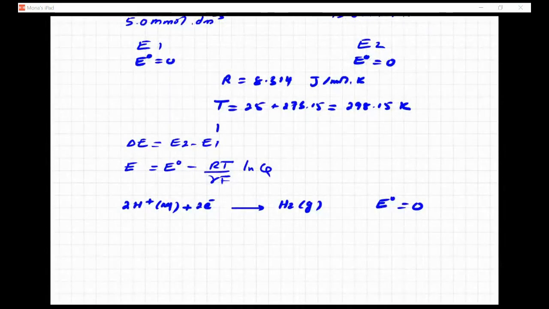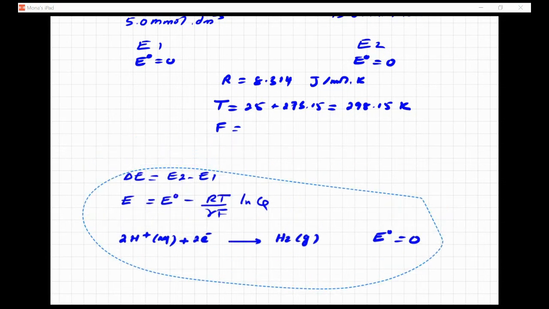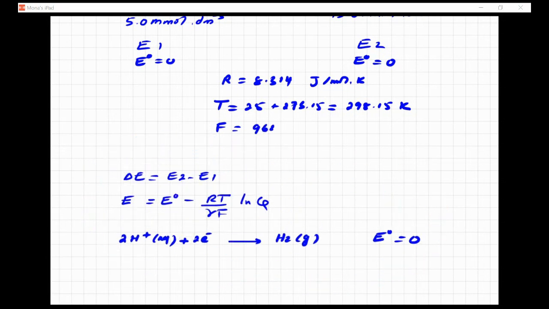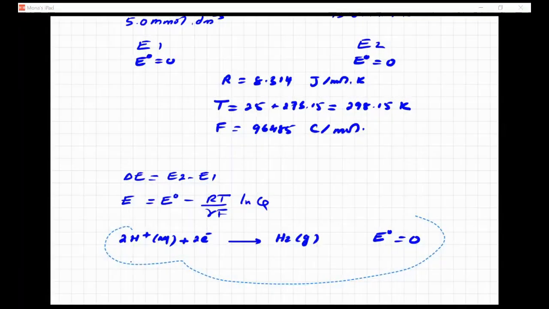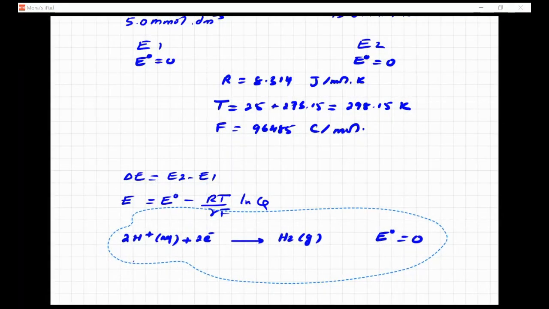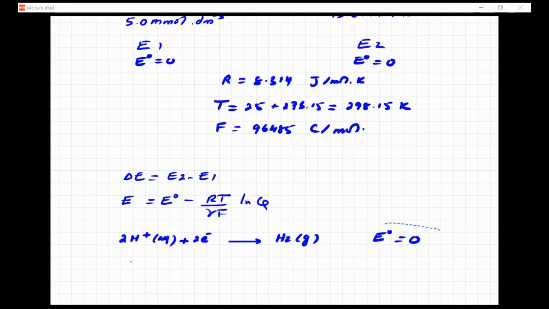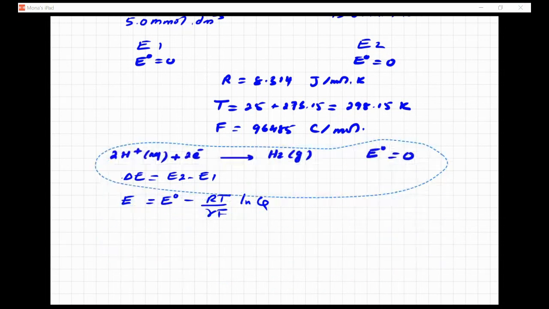The F is going to be in the conversion factor table or in the provided information, which is equal to 96485 coulomb per mole. Now, if we look at the reduction half reaction, this is the reduction half reaction.